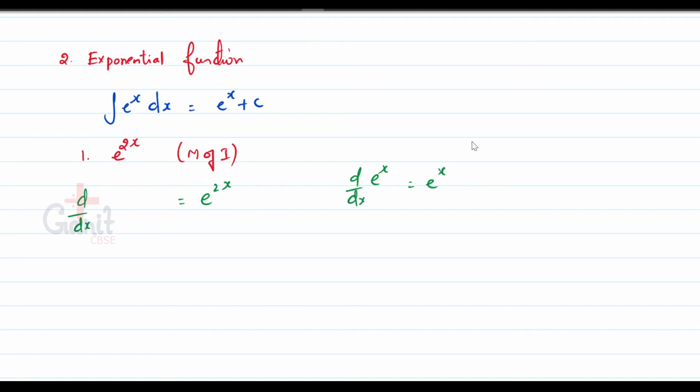But here I have e to the power 2x. So if I differentiate e to the power 2x, I'll get e to the power 2x, and I have to differentiate the index part or the power part. If I differentiate 2x, I'll get 2, and I have to write it as a coefficient. So 2 into e to the power 2x.